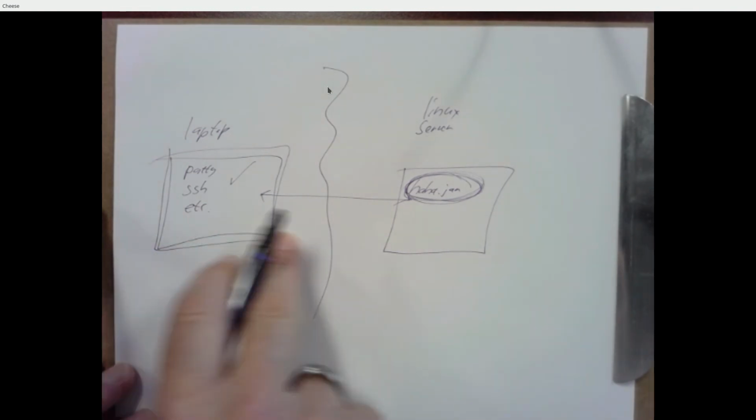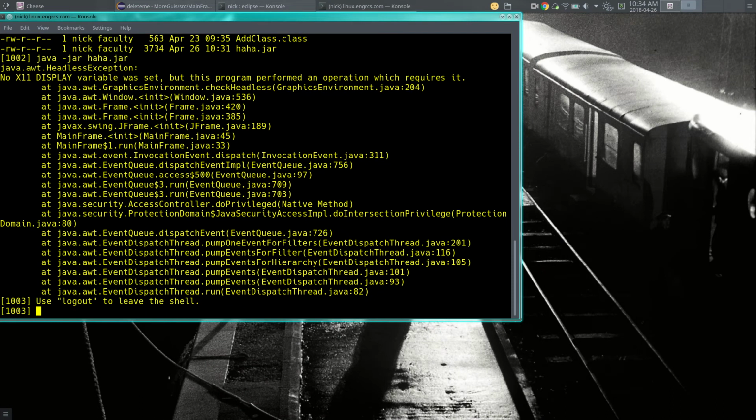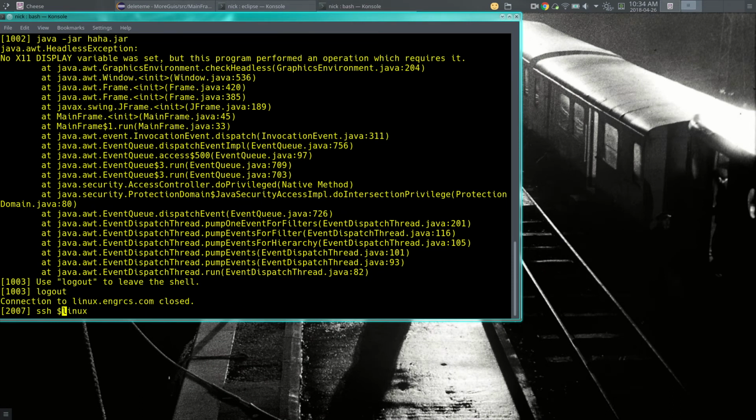Somehow that mouse click has to get conveyed to the Linux machine, which has to somehow tell my program that an event occurred, so that the JVM will go ahead and run the right code. So normally, if you just use PuTTY or SSH or something, you don't have that kind of access. But it's pretty easy to do.